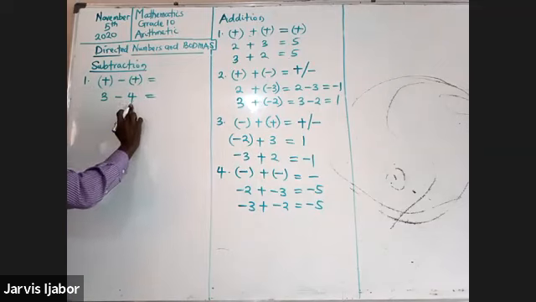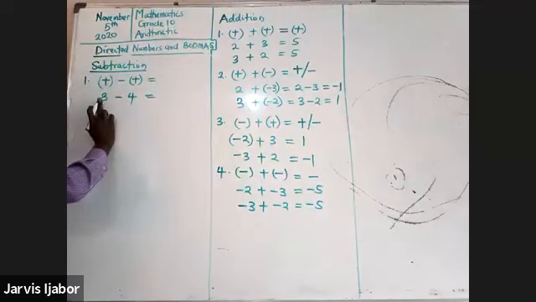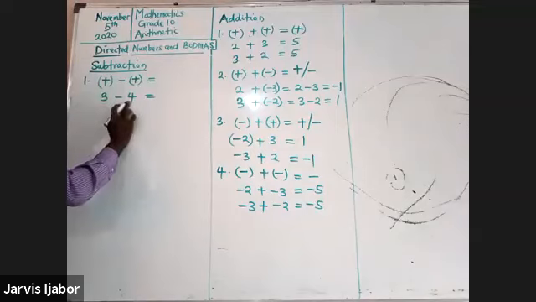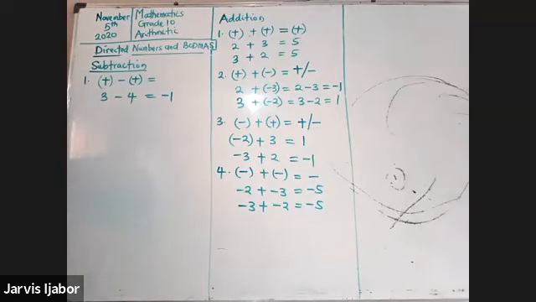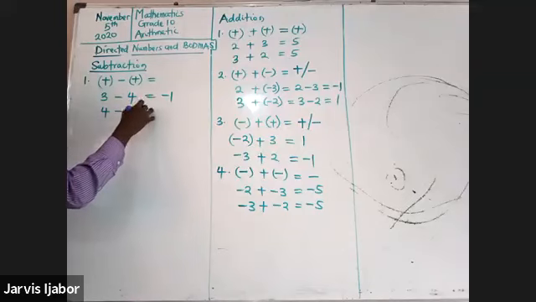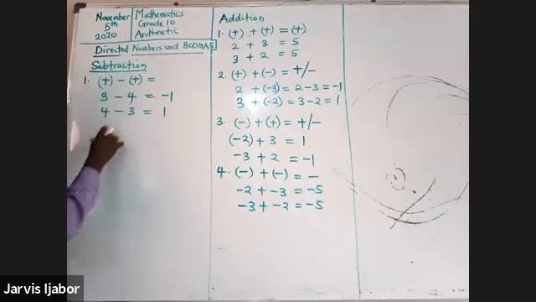You discover that 4 is bigger than 3. I have 3 naira, but I need to give out 4. I will need 1 naira extra. So that means the answer will be negative. So let's swap. What you notice, the answer will be positive because the positive is bigger than the negative.